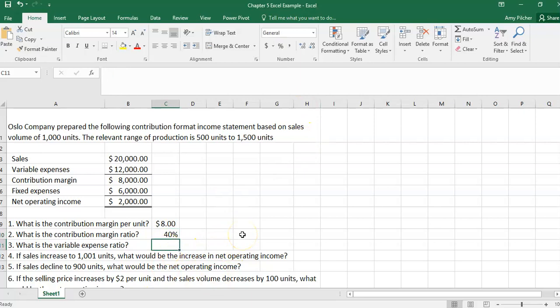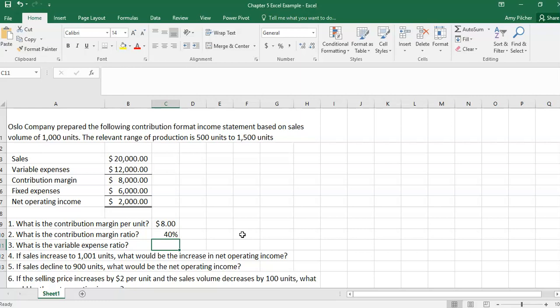Number 3 says, what is the variable expense ratio? This ratio is variable expenses divided by sales. So we should be able to guess what that is just by looking at the contribution margin ratio, because the difference between the contribution margin and sales is variable expenses.